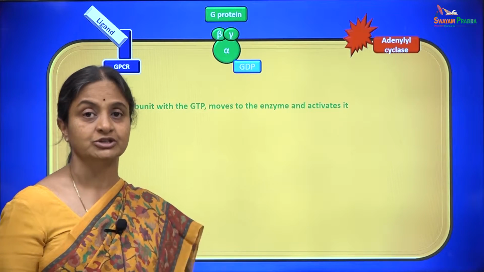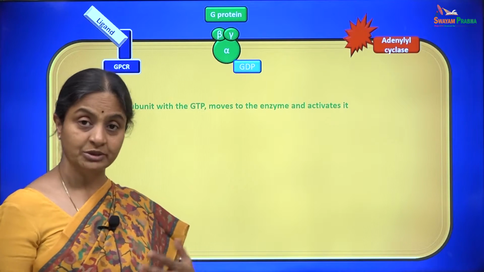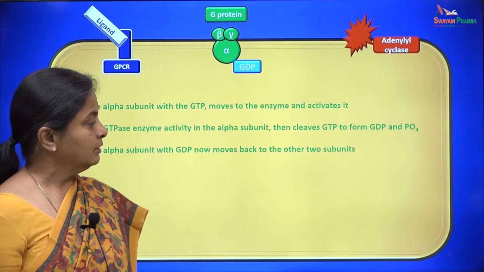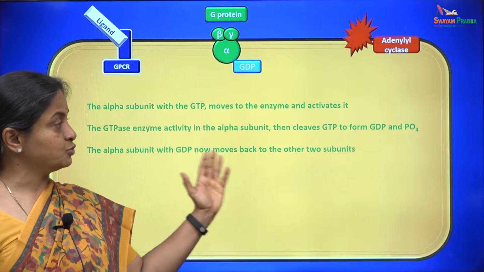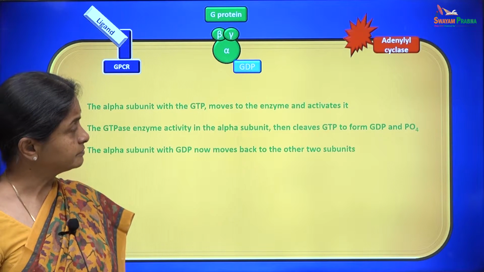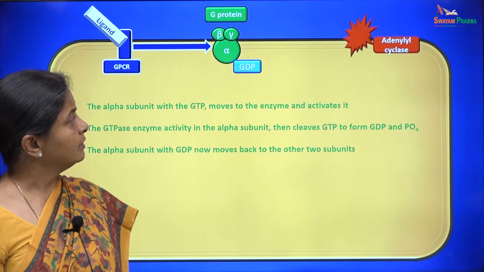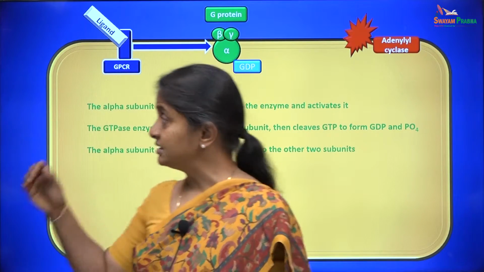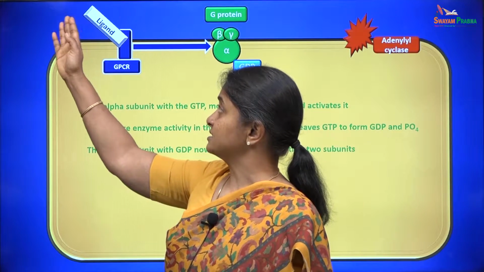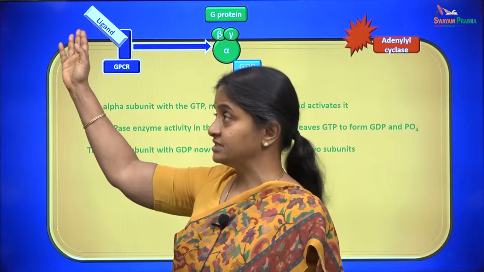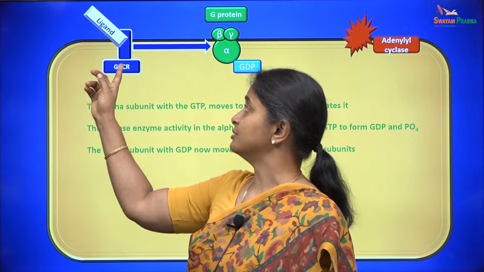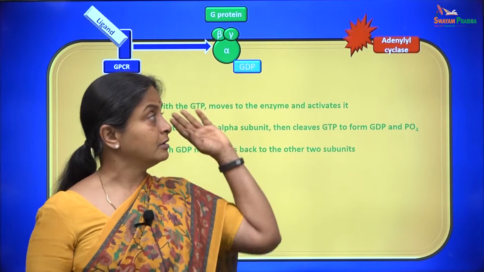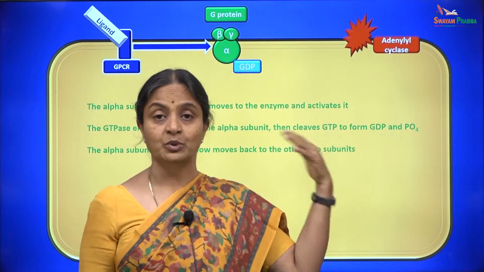In every case, it is going to be like this, whatever the G protein be. That is what is said here. Now, if the ligand still remains in adequate concentrations outside, it can continue to stimulate the GPCR, and the same cycle of events will go on.